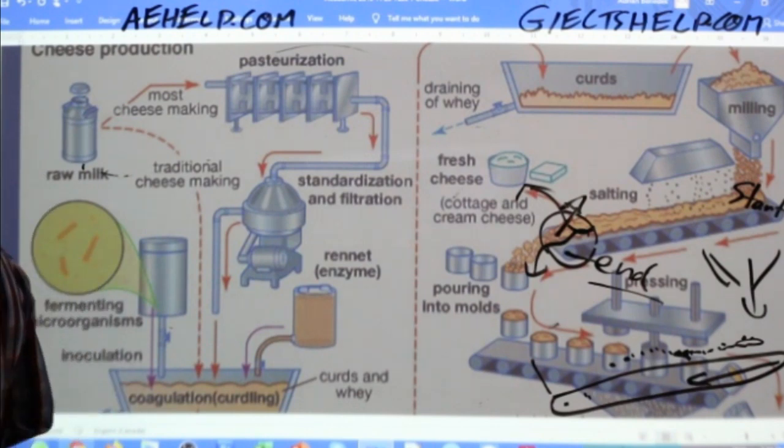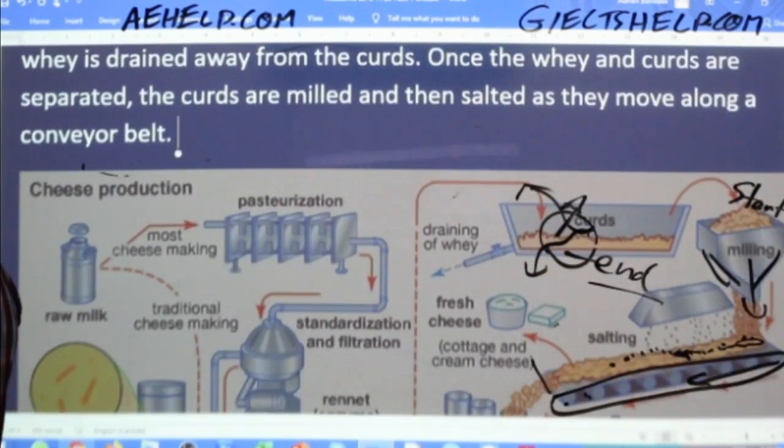So this is what I would write. Again, there are many different ways to do this, but this is what I would write.